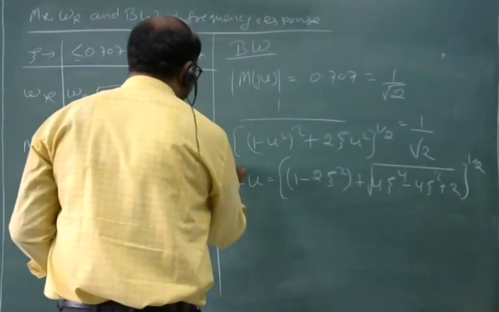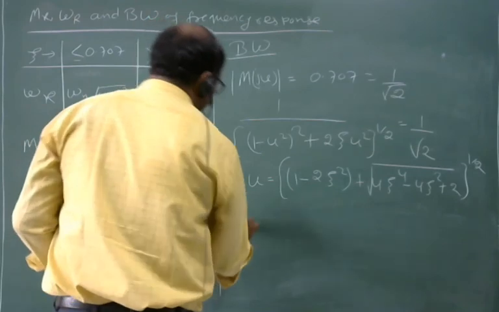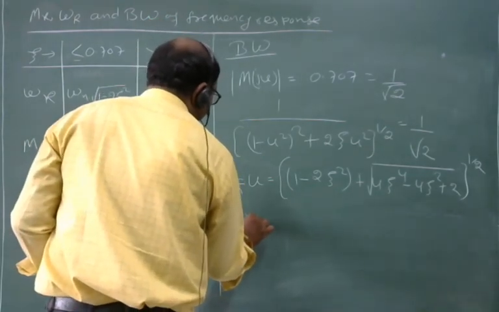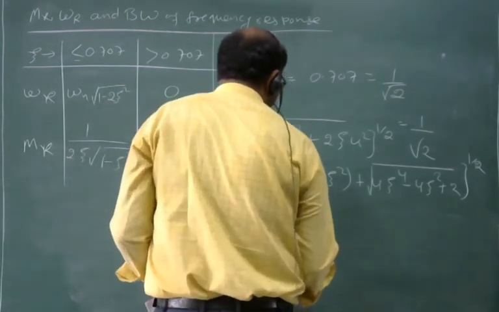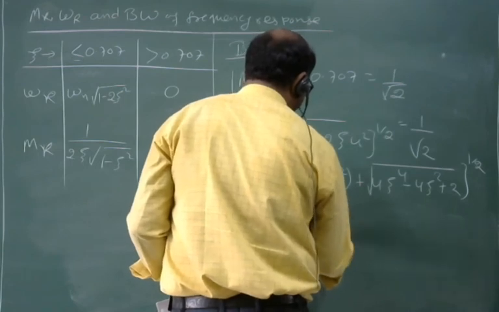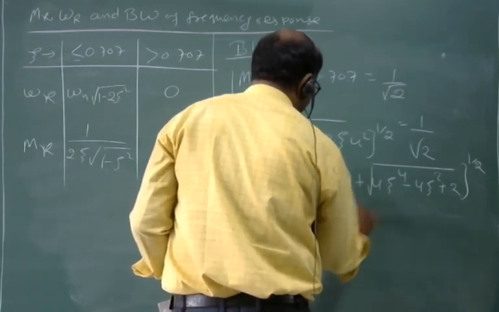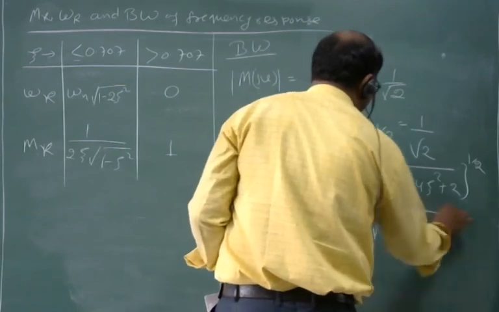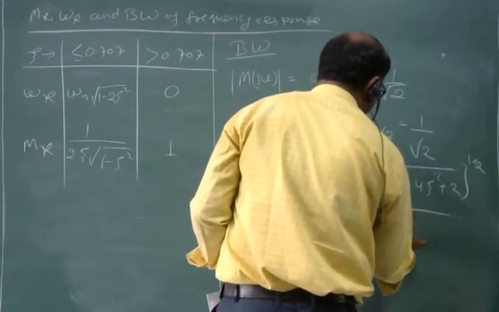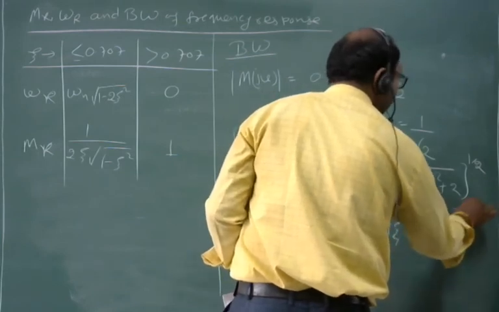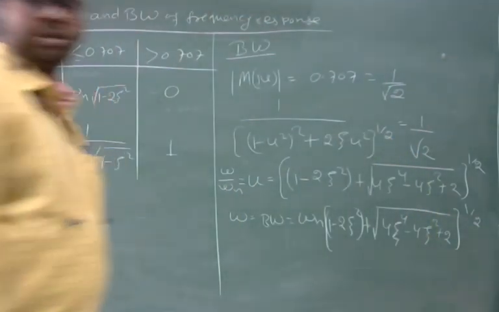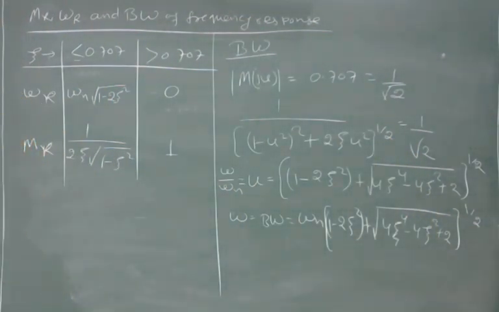And since u is equal to omega by omega n, omega, which is equal to the bandwidth, is equal to omega n within bracket 1 minus 2 zeta square plus under root 4 zeta 4 minus 4 zeta square plus 2, whole power 1 by 2. This is our bandwidth. So in the next video, we'll move forward to the next topic. Thank you.